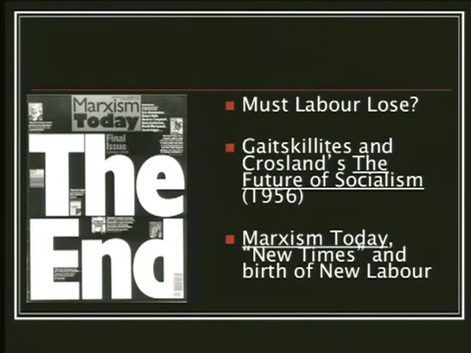And his chief ideologue, Anthony Crosland, who wrote this famous book called The Future of Socialism in 1956, which has become of abiding influence to members of the Labour Party, including some of its current leaders.